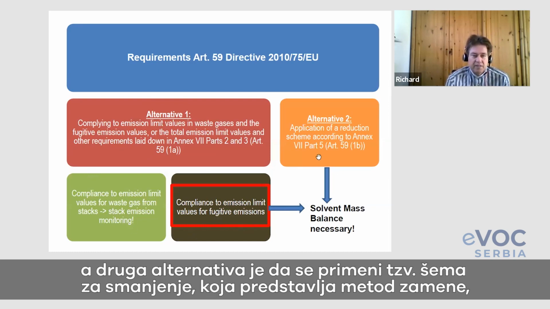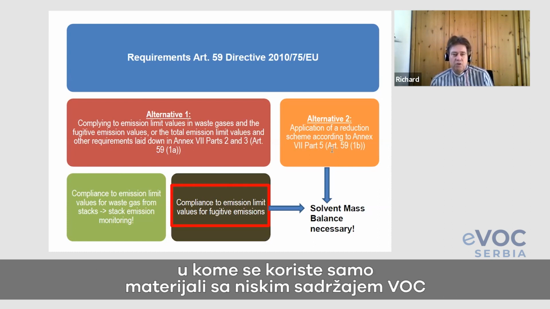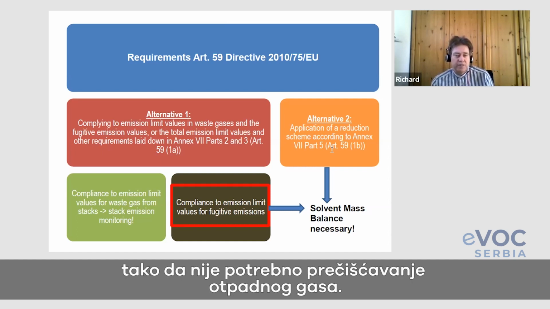And as an alternative for that combination, you can comply with the so-called reduction scheme. In easy words, that is a method where you replace and use only low VOC materials so that a waste gas abatement is not required.